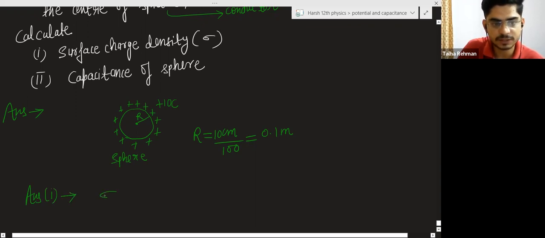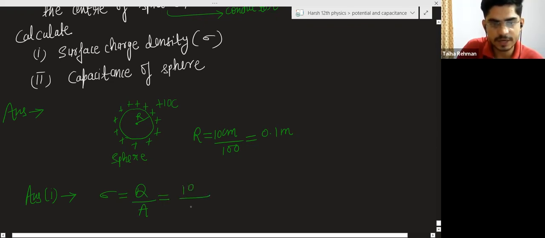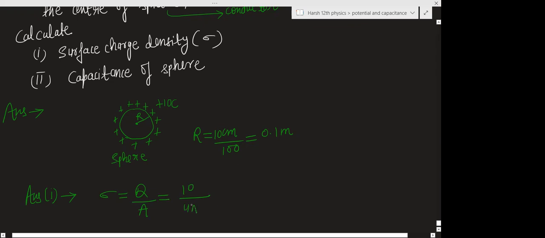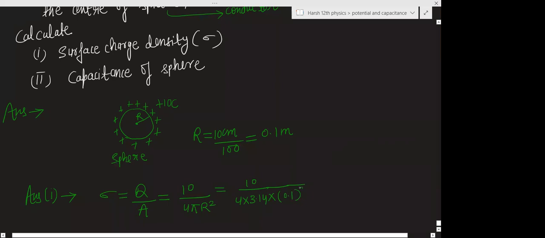The first answer is the surface charge density sigma. What is sigma? Sigma is charge per unit area. The charge is 10, and the area of the sphere is 4 pi r square. So this will become 10 upon 4, we know the value of pi is 3.14, and r square means 0.1 whole square.